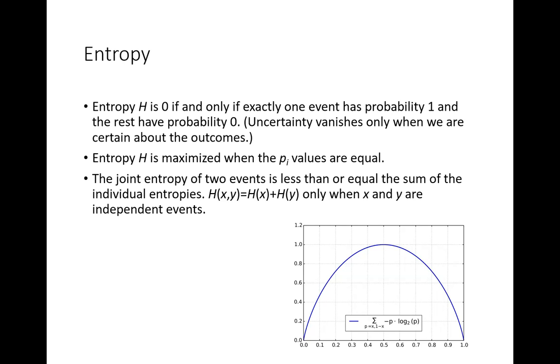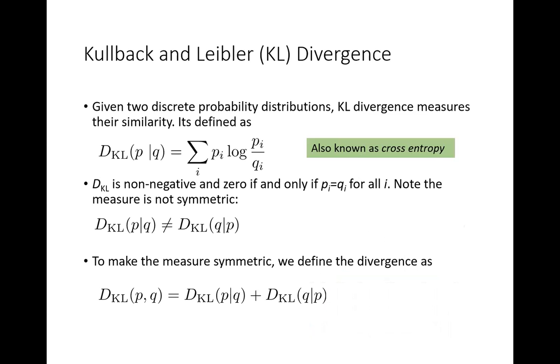All right. And of course, if you look at two events, event X and event Y, then the joint entropy of two events is less than or equal to the sum of individual entropies. All right. So those are some of the things you need to remember.